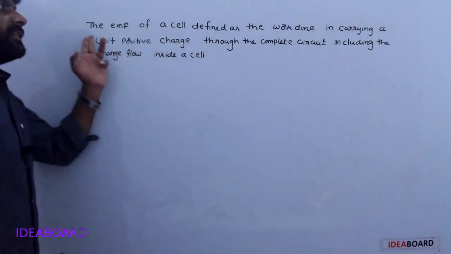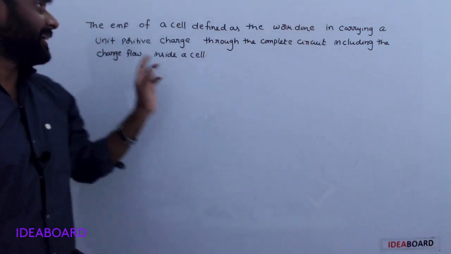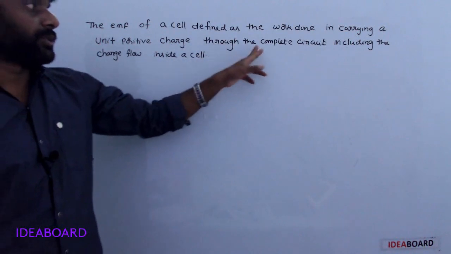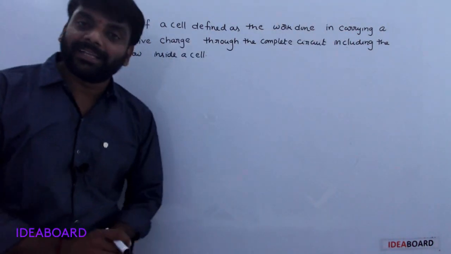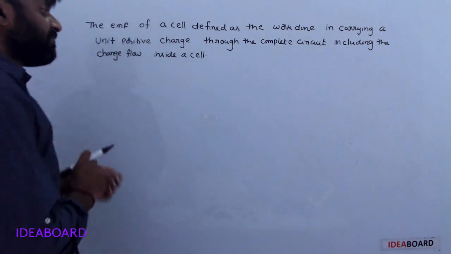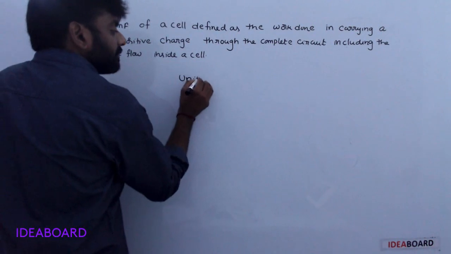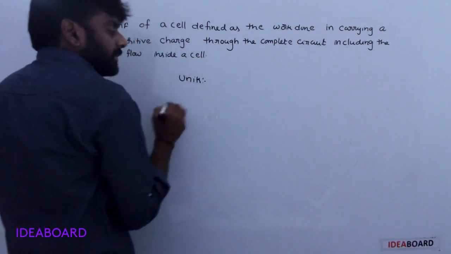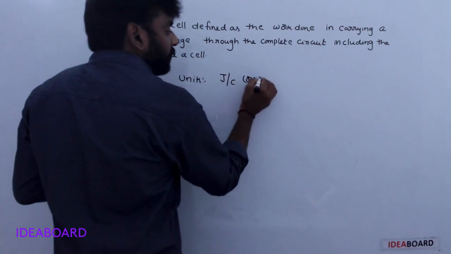See here, the definition: the EMF of a cell is defined as the work done in carrying a unit positive charge through the complete circuit, including the charge flow inside the cell. Units: joule per coulomb, which are simply volts.